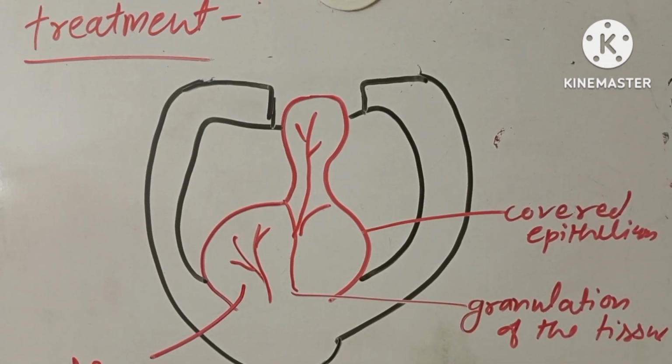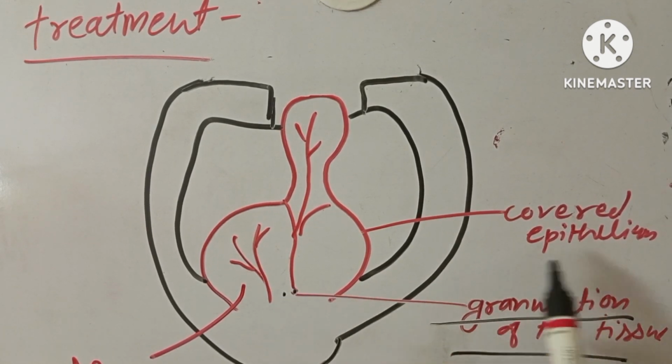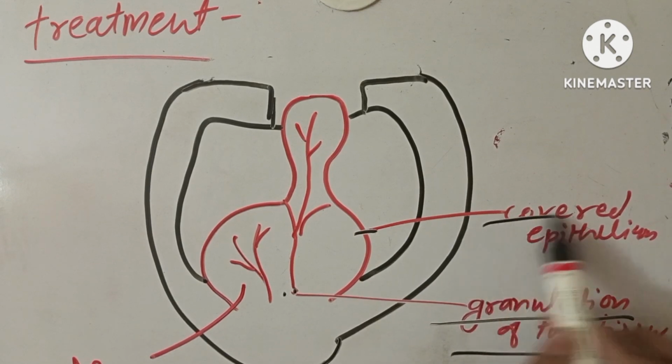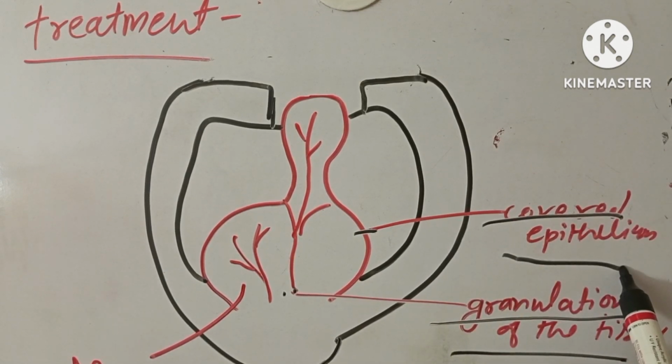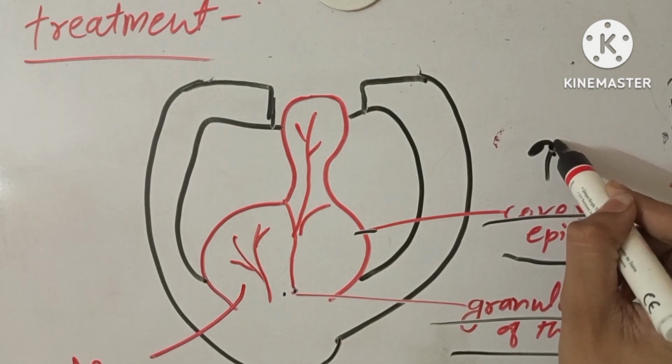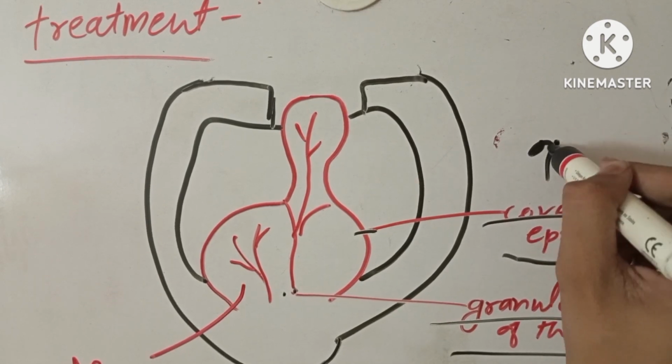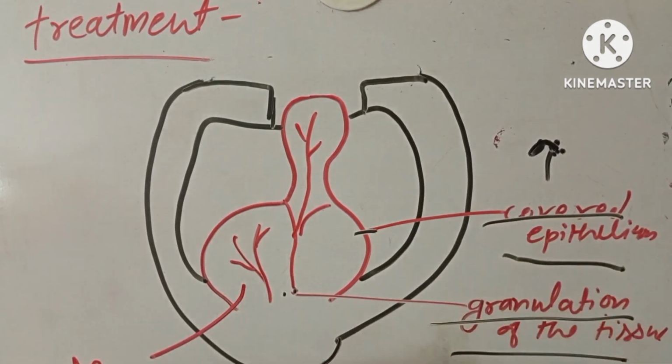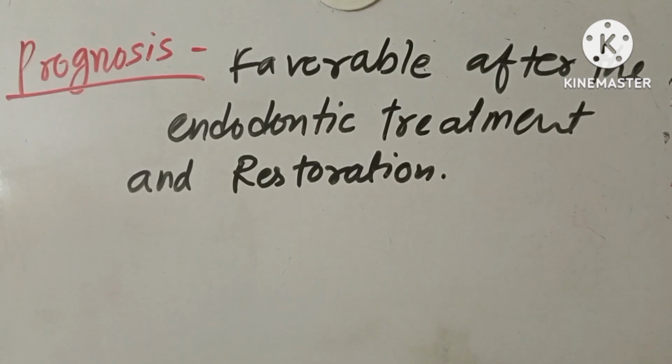Here we can see the structure of the pulp polyp, the granulation tissue, and its covering epithelium. Low-grade irritation is given, and long-standing low-grade irritation causes the pulp polyp. Prognosis is favorable after endodontic treatment and restoration are done.